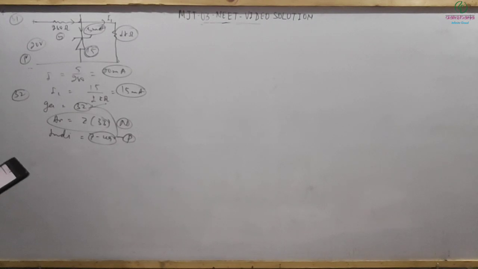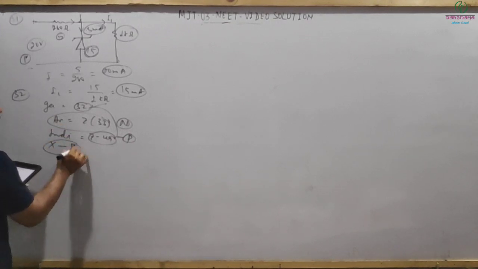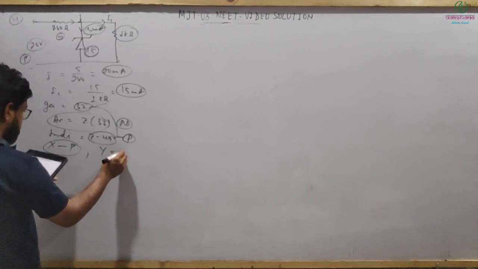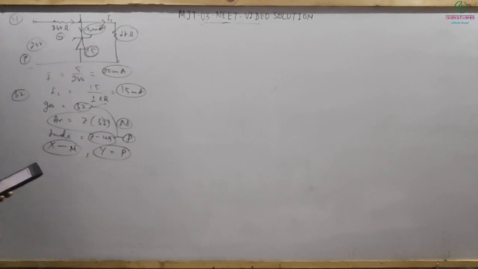So X is n-type and Y is p-type. The two are joined end to end and connected to a battery as shown in the figure. Which of the following statements is correct? X is connected to positive, so it means reverse bias. So X is n-type, Y is p-type, and the junction is reverse biased. 4 is the correct answer.